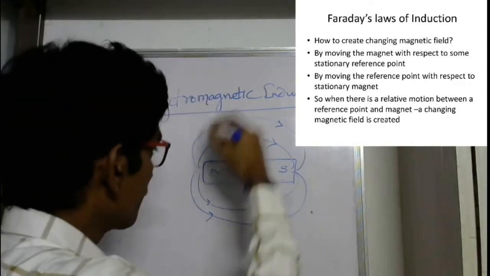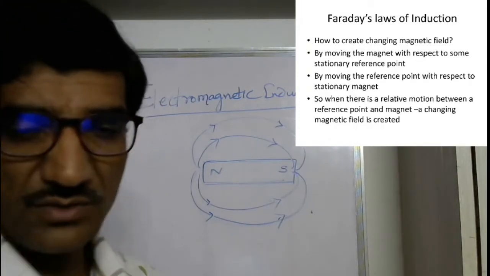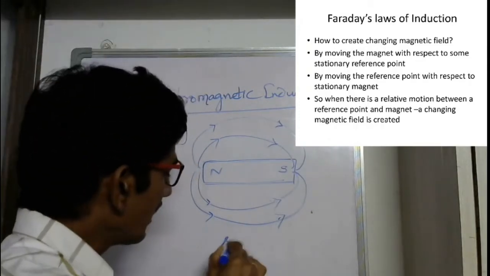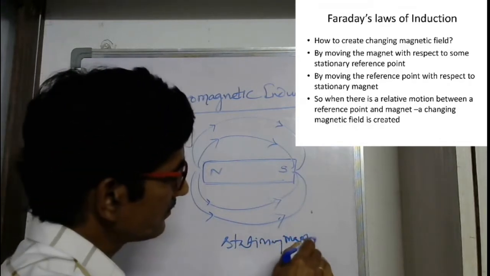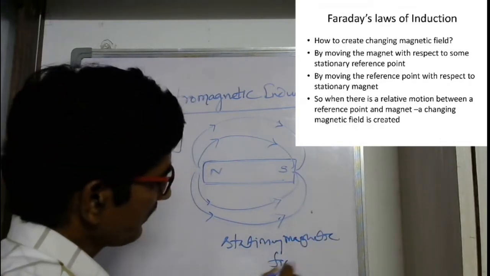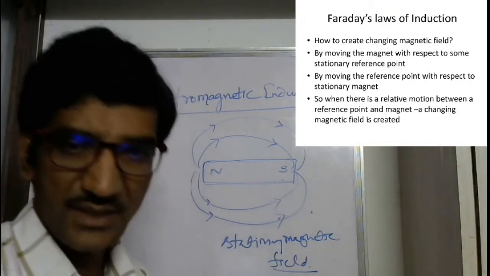So that's why you see here the magnetic field around this bar magnet. This is a stationary magnetic field.